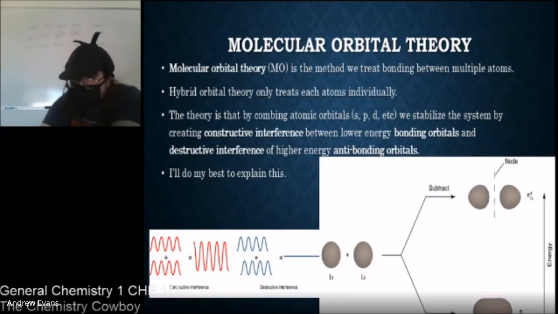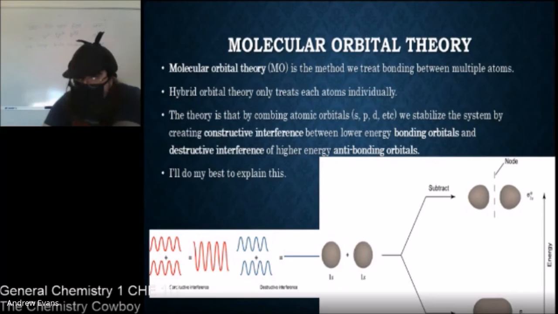The idea, when we put two atoms together: remember, electrons are both a particle and they can act as a wave. And waves can undergo both what's called constructive interference, where the two waves add up, and destructive interference, where the waves cancel out.